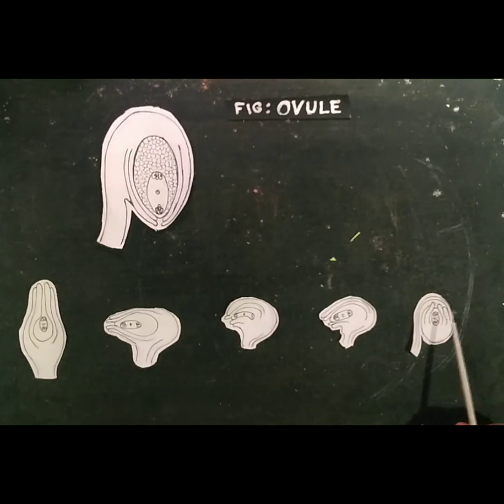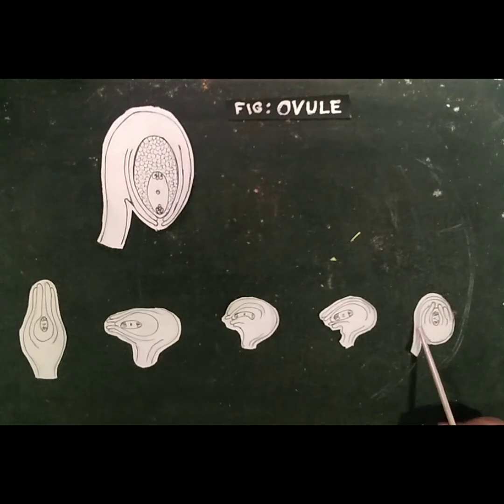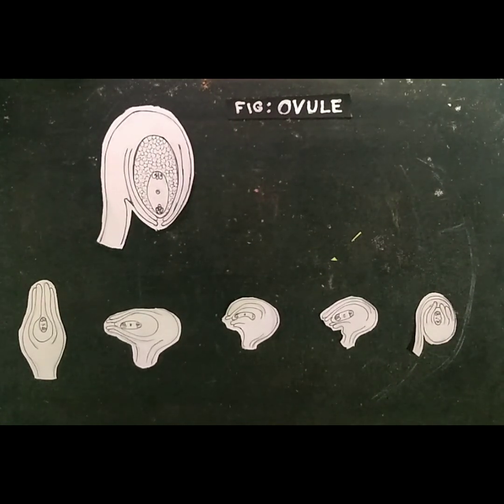As a result, the funicle completely surrounds the body of the ovule and the ovule becomes erect. This type of ovule is found in plants like Opuntia, that is prickly pear.